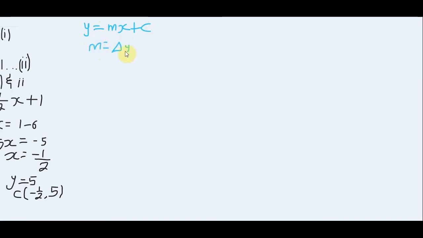M, which is the gradient, is equal to change in y over change in x. Now we will have 5 minus 0 over negative a half minus 0, change in y over change in x, and we have 2 points where the line passes. After getting 5 over negative a half, you divide, then you get negative 5.